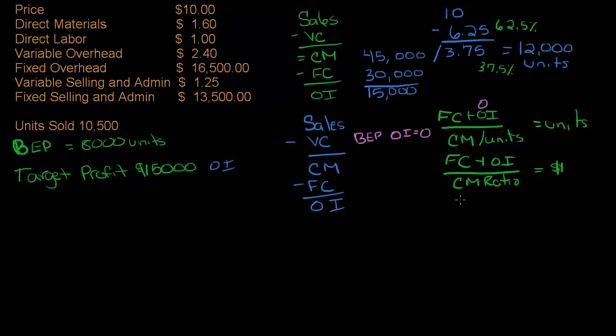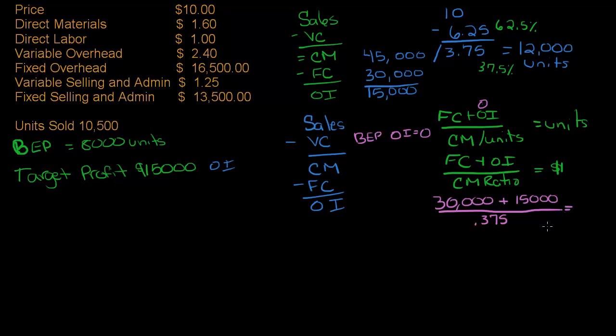So if I want my sales in dollars, okay, I'm going to take 30,000 plus 15,000 divided by 0.375. And what does that give me?